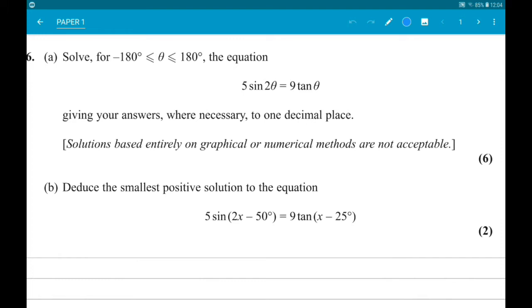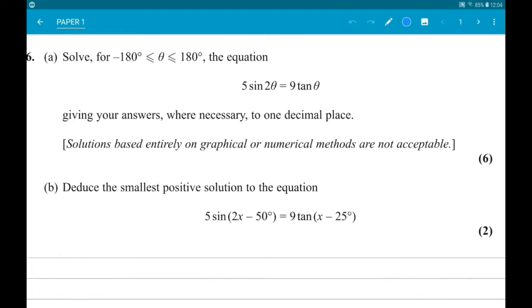So, what's happened here is that x has become x minus 25. So the graph will have shifted 25 to the right. Now the reason we have 2x minus 50 in the sine term is because in there we had sine 2x.